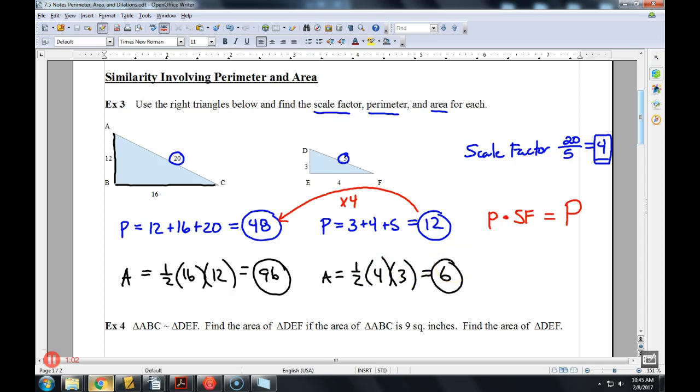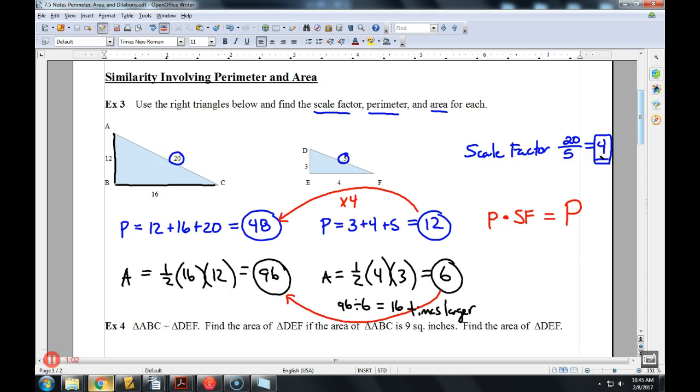So you're going to notice something different. Area does not follow the same pattern. You can't just multiply the area by the scale factor and get the new area. It's much larger than that. To find out how many times larger it is, I divide the big area by the little area. 96 divided by 6 comes out to be 16. So for this problem, the area is 16 times larger. I would expect it to be 4, but it's 16 times larger.